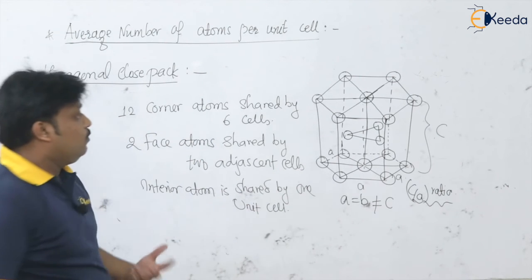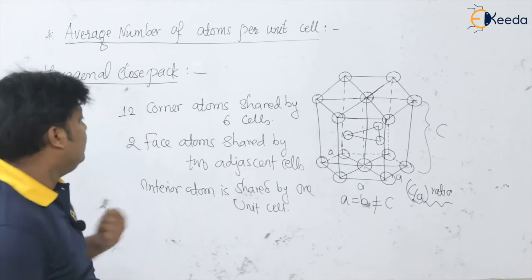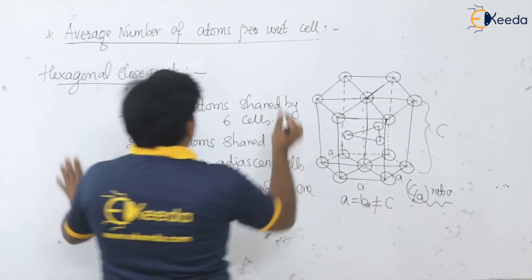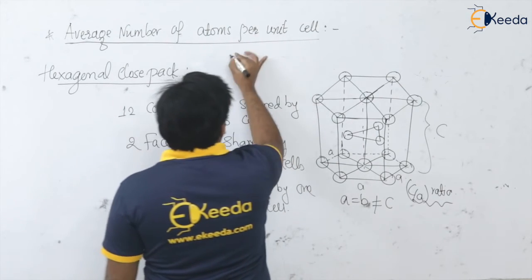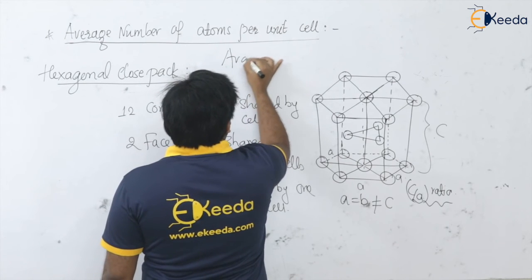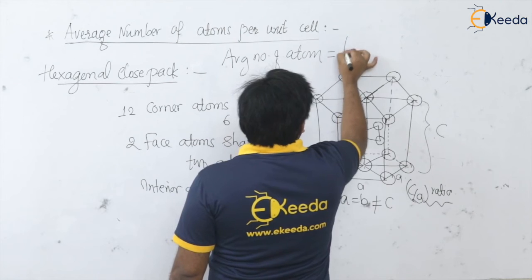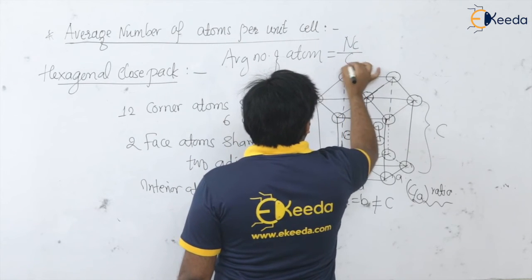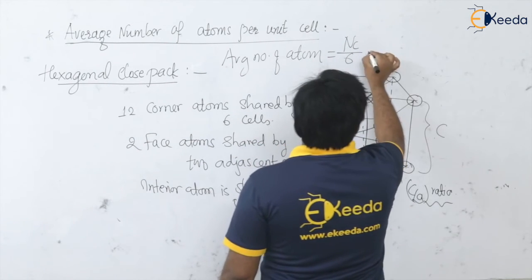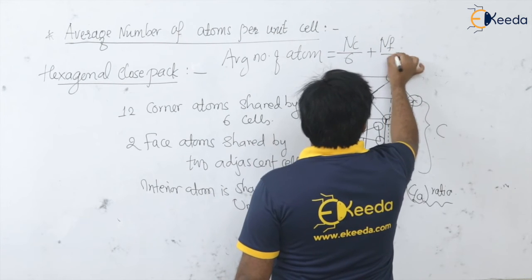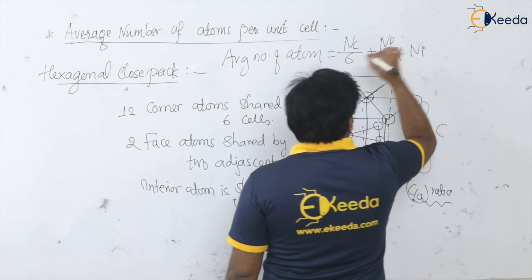Then tell me, what will be the formula for the average number of atoms for the hexagonal close packed structure? The average number of atoms will be equal to what? This Nc by 6, isn't it? Plus Nf by 2 plus Ni.